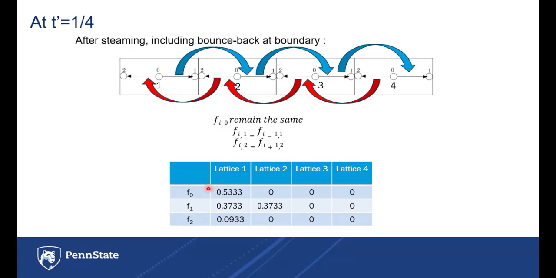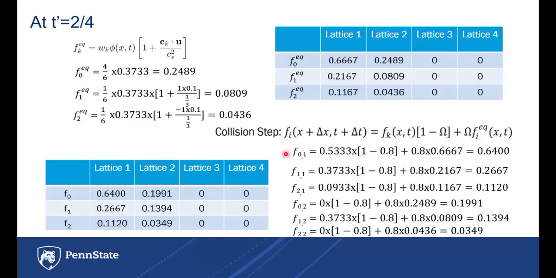The phi value is the sum of F0, F1, and F2. So we need to reassign the phi into different directions according to the weighting factors, and then we will get the equivalent value of the lattice 2.